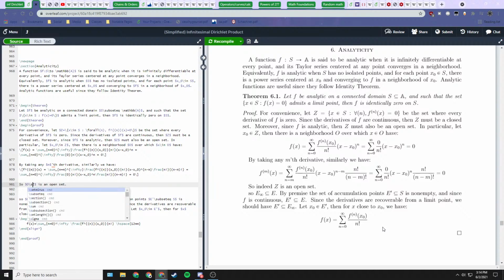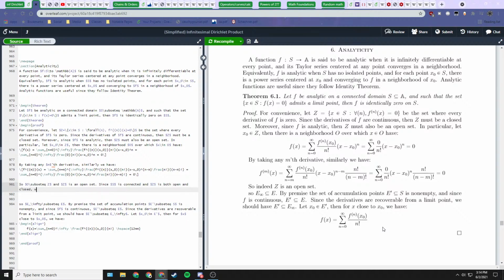So since S is connected and Z is both open and closed, either Z is S or Z is the empty set.